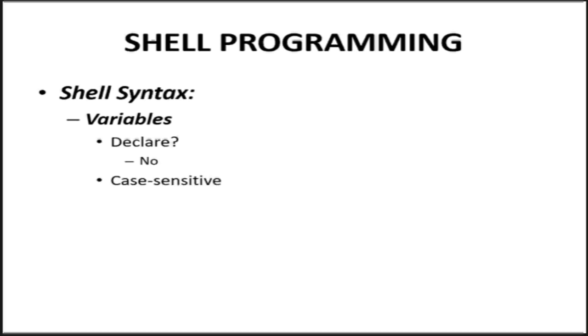And Linux is a case sensitive system, so the shell considers the variable FOO to be different from the variable foo, as represented on the screen. Within the shell, we can access the contents of a variable by preceding the variable name with a $ sign.